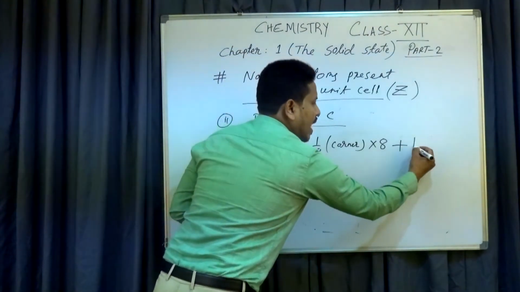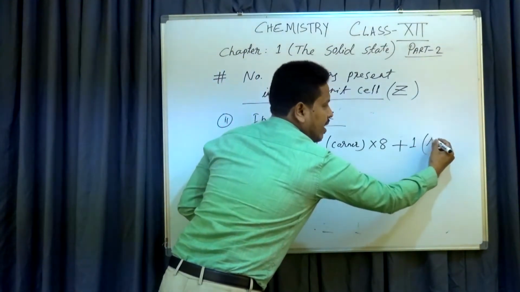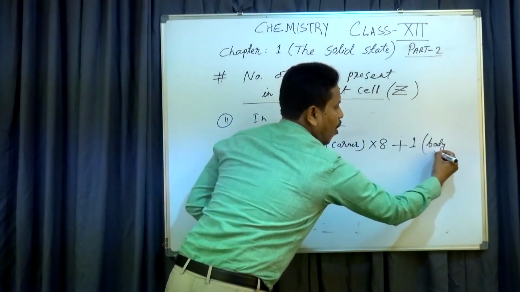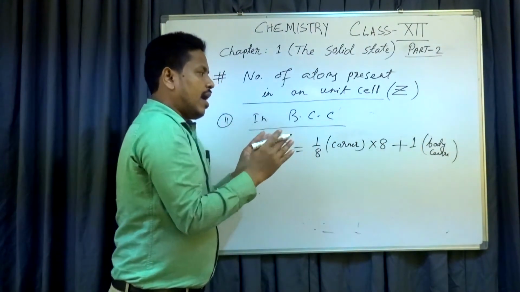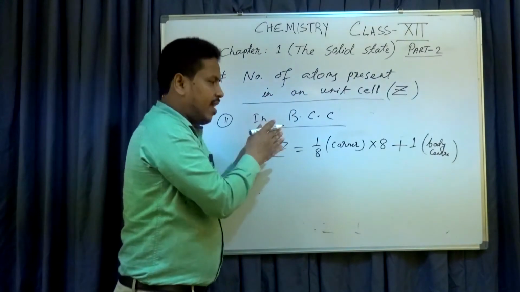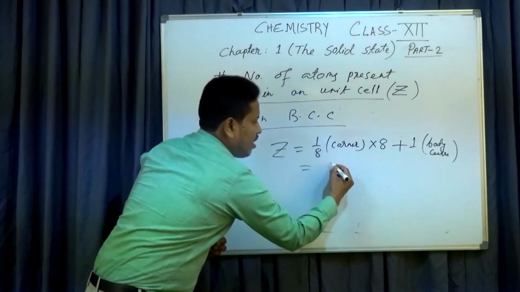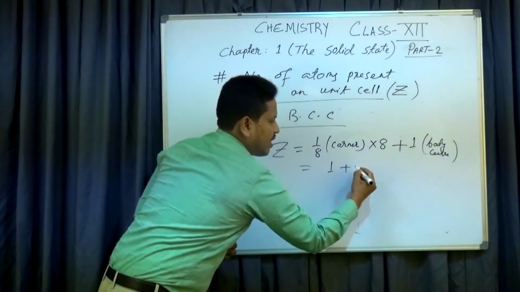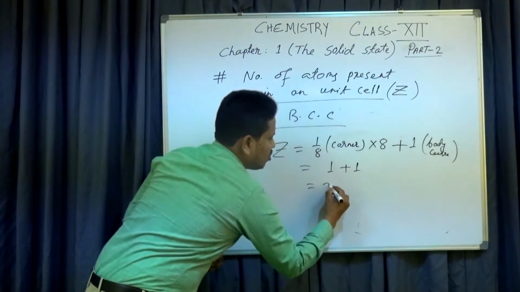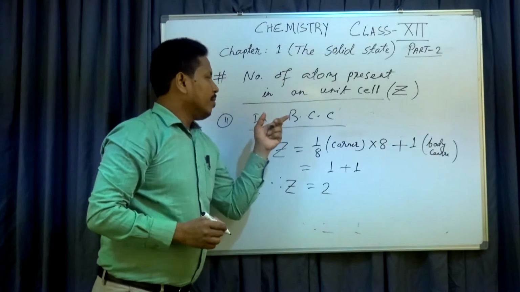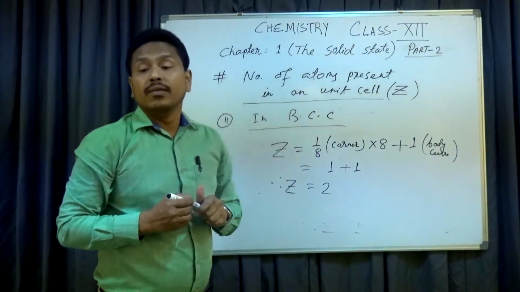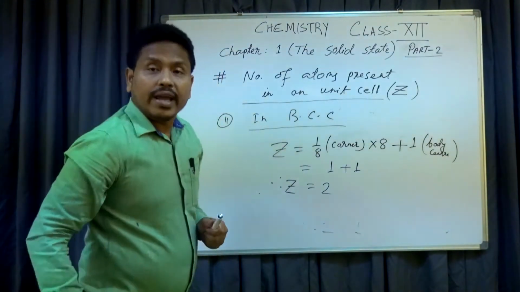That is, the full atom located at the body center is 100% contributed to one unit cell. That means 1 by 8 into 8 is 1 atom, plus body center 1 atom. That means 2. Therefore, Z equal to 2 for body centered cubic unit cell. Okay? Write down.